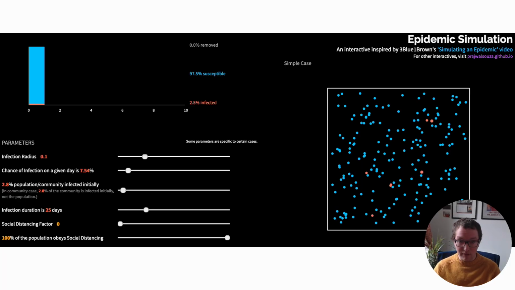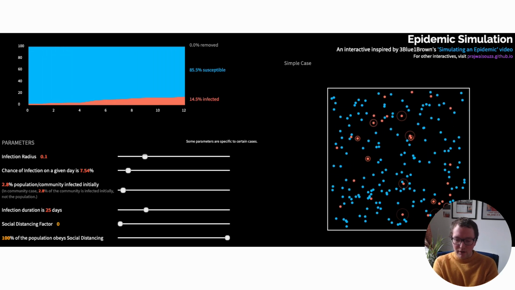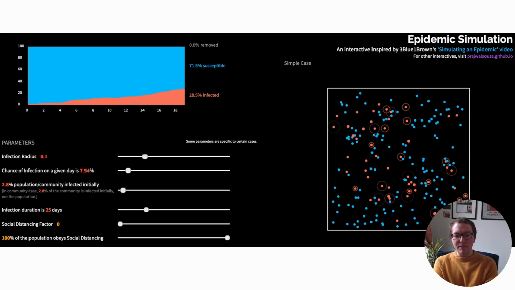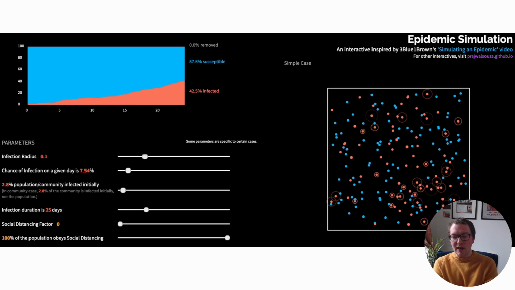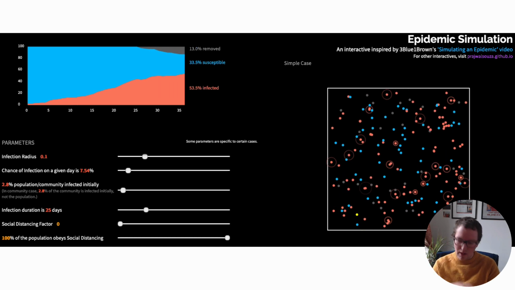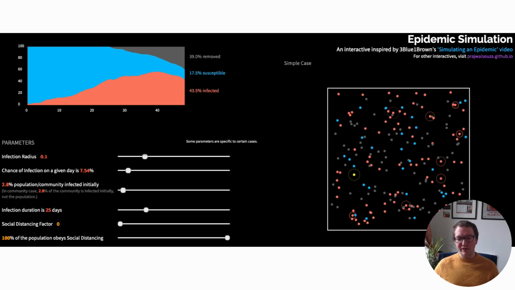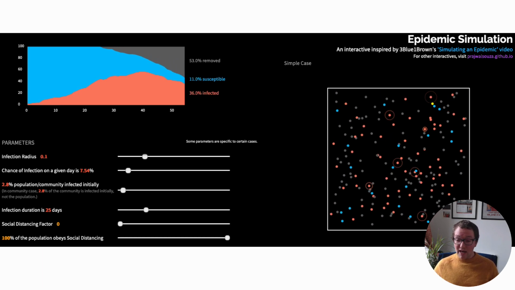So let's see if I can play this video. Yes, so this is an example of an SIR model run in space. So you can see here that I have, I think it's 100 individuals that move around randomly in this box. They start off as blue, which is susceptible. There's a few infecteds who are red.